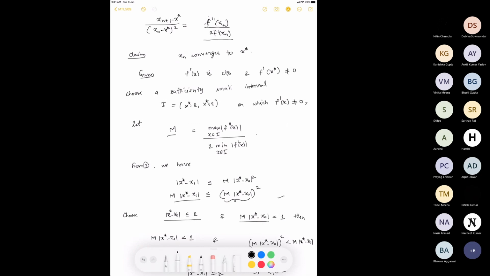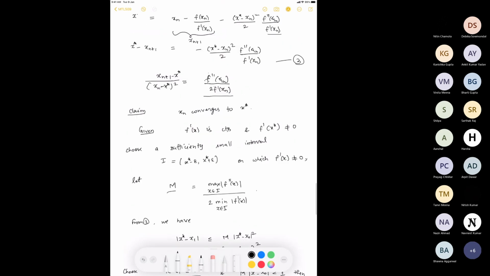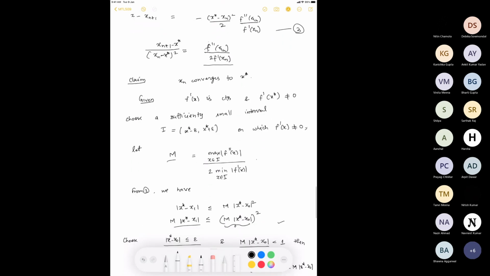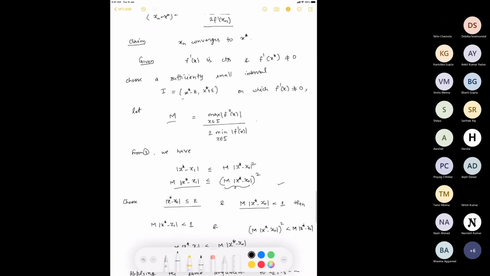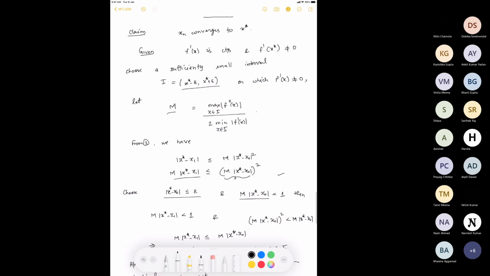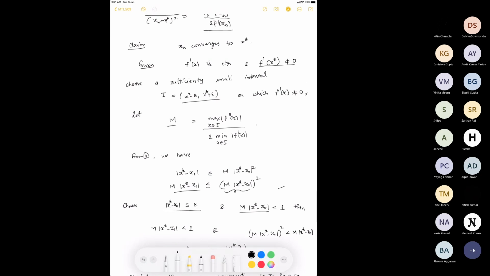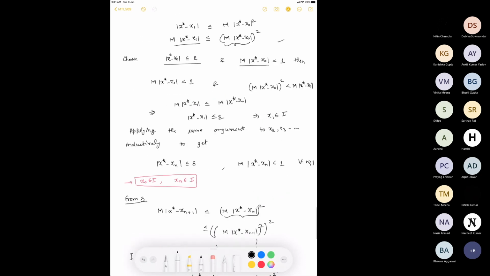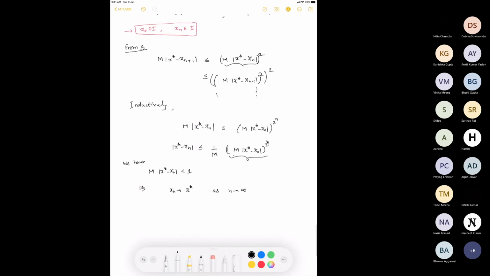So that ensures that f prime of xn is also not equal to 0. Okay, so I don't have to put it as a separate assumption. By having each of the xn in this interval, I already know that f prime of xn is not equal to 0. Okay, so it suffices to just have that f prime of x star is not equal to 0.